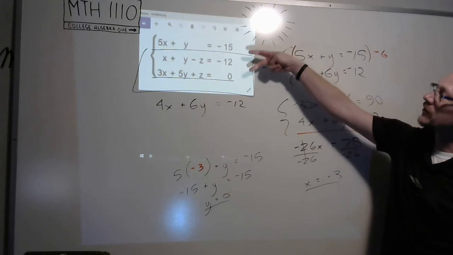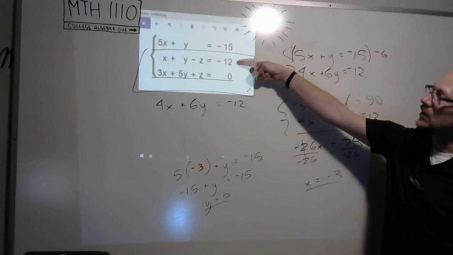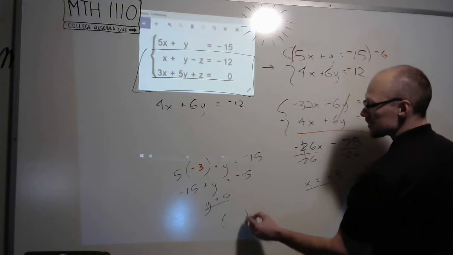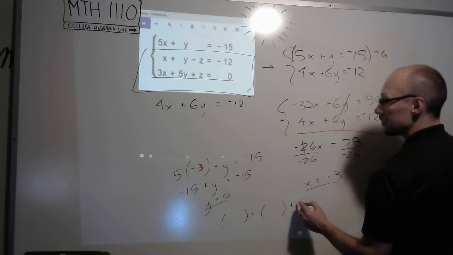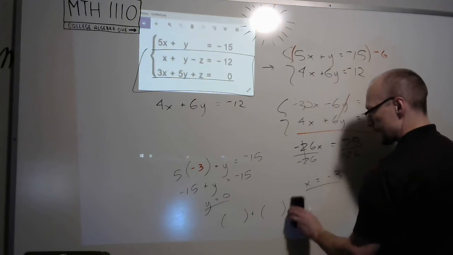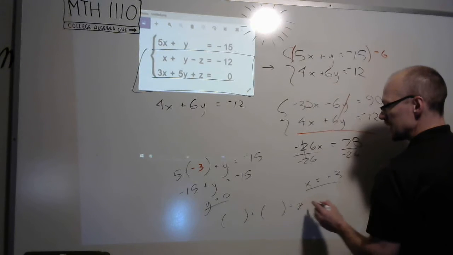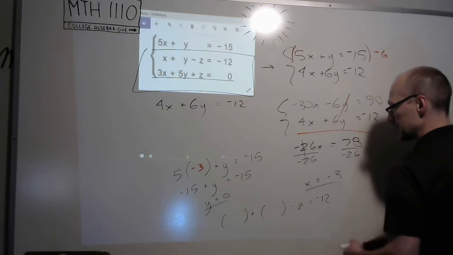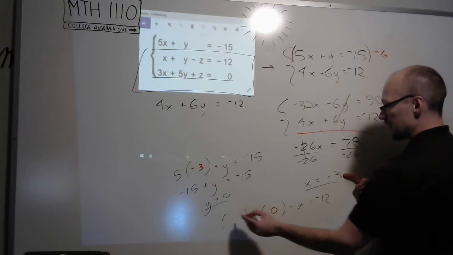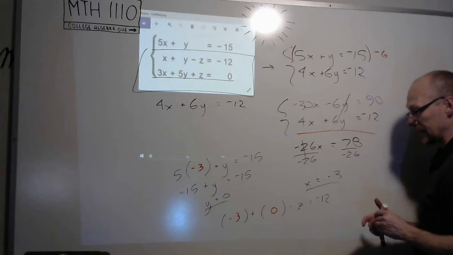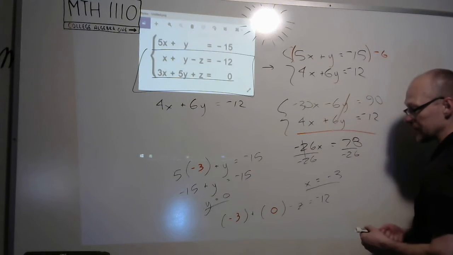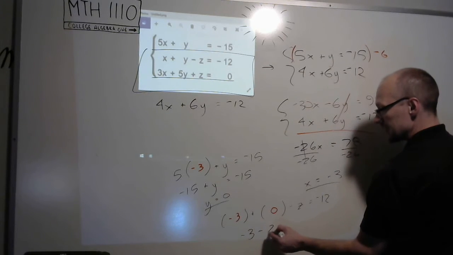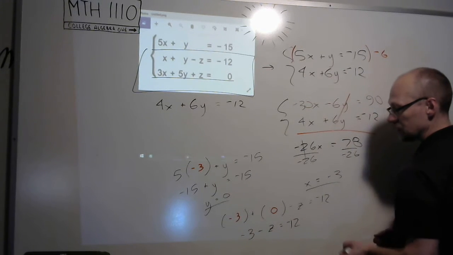Now I go to one of my other equations, probably this one right here, to see if I can figure out what z equals. I know that x plus y minus z equals negative 12. I just found that y was 0. I found earlier that x was negative 3. Let's get rid of all these parentheses. Negative 3 plus 0 doesn't matter. So negative 3 minus z equals negative 12.